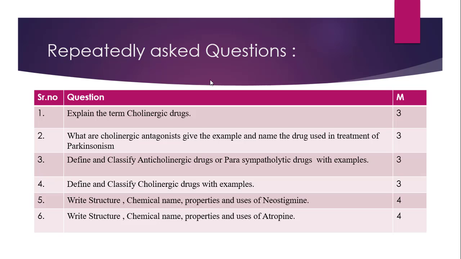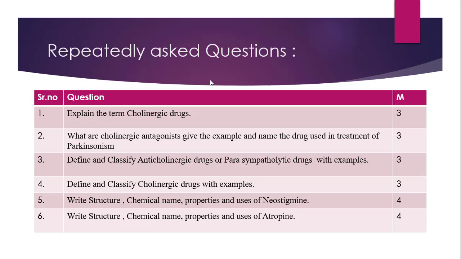Coming towards the repeatedly asked or frequently asked questions, here I have listed a few of the questions which are important from the board exam point of view. The first question is, explain the term cholinergic drugs. That means what are cholinergic drugs, how they affect, what are their actions.